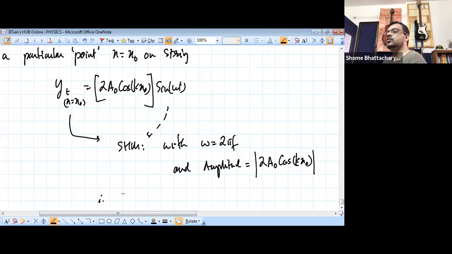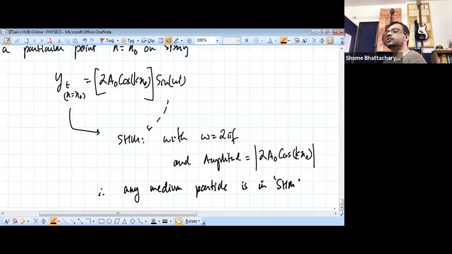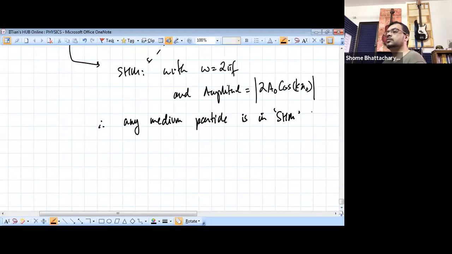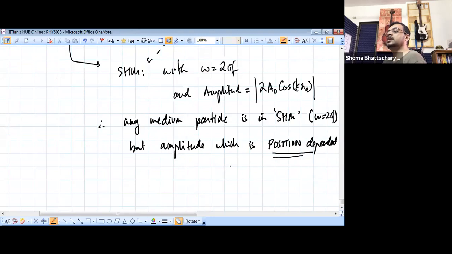So therefore, any medium particle is in SHM with angular frequency omega, but amplitude which is position dependent, because the amplitude is this thing.